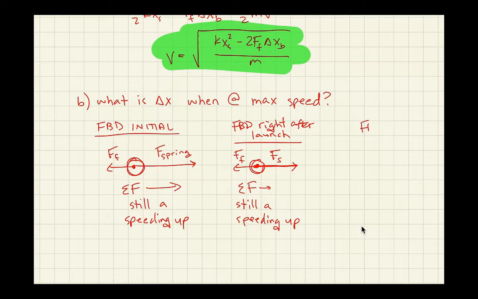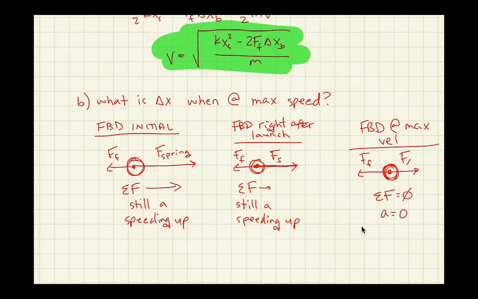But at maximum velocity, that's where the ball will stop accelerating. In other words, maximum velocity will happen when the spring force is equal to the frictional force. Now the net force is 0, acceleration 0.